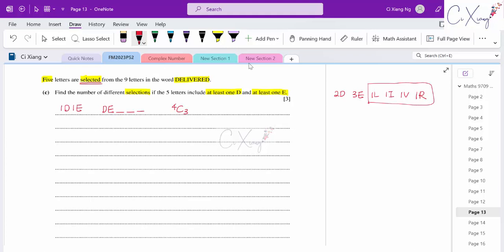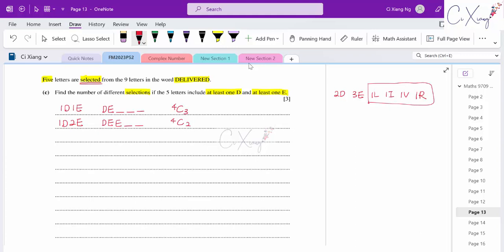Right, so this is the first case where it fulfills the restriction, at least one D and at least one E. I might also have the case where I have one D with two E. If I have one D with two E, then I still have 2 empty letters to be selected. So the 2 empty letters can be selected from the 4 letters also, which is 4C2.